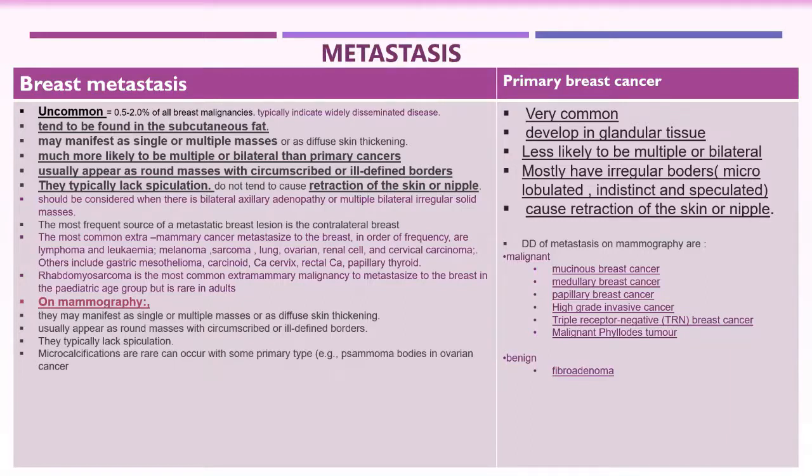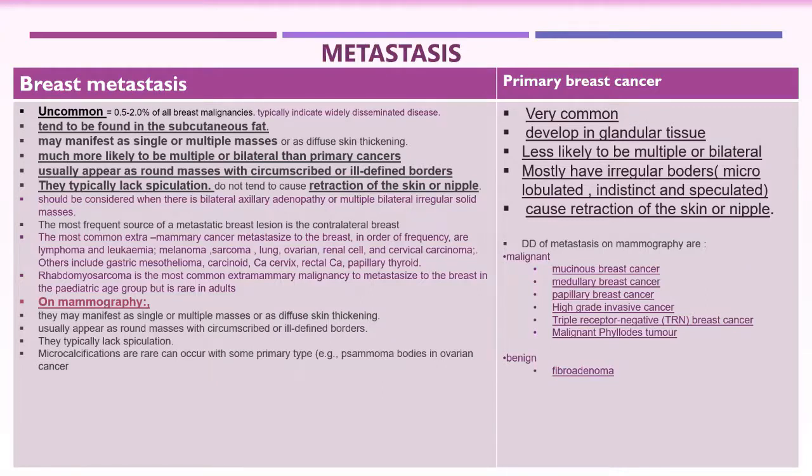metastasis, seen as circumscribed, regular, oval, or rounded lesions, as we described before: the mucinous, medullary, papillary, phylloides, and high-grade invasive, and especially the triple receptor negative breast cancer. They can present like the metastasis or even like fibroadenoma.